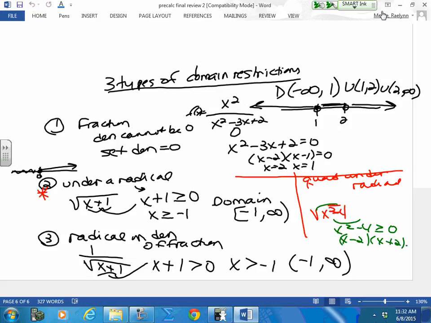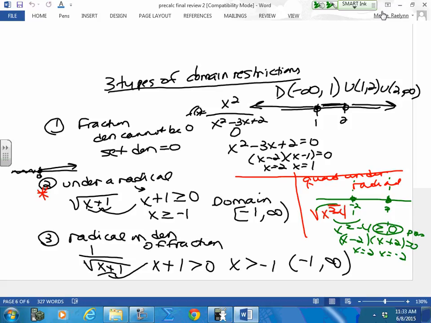These are your critical values. You're going to put them on your number line, and we can use the 2 and the -2. We're going to test where everything is, and we're going to separate these into 3 sections. I want when it's greater than or equal to 0, so I want when it's positive.